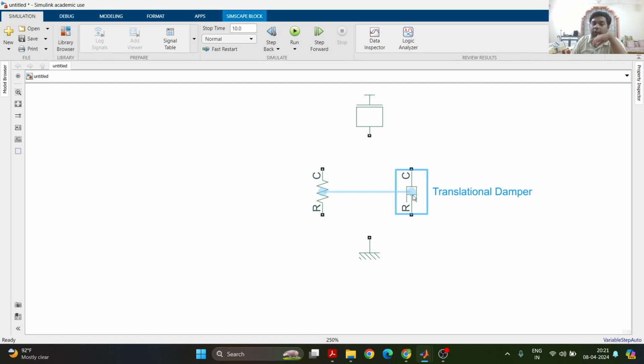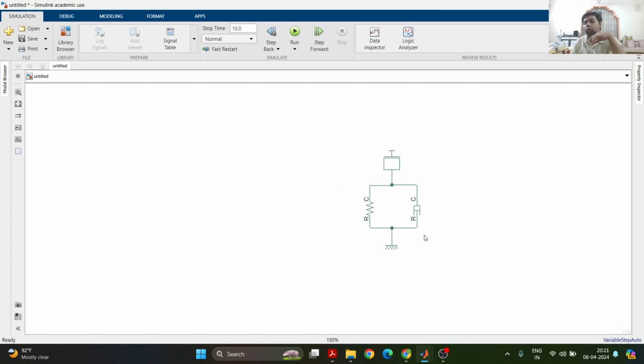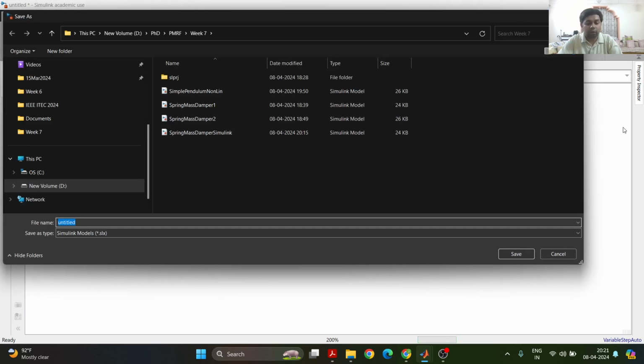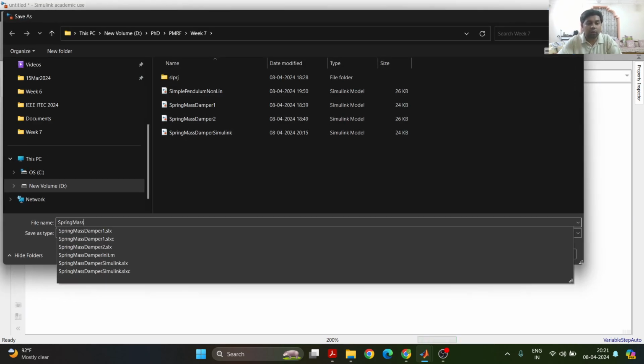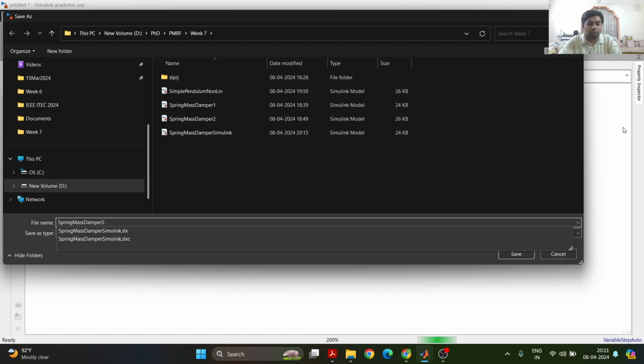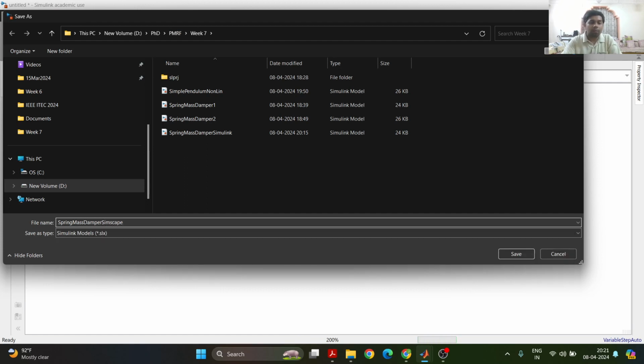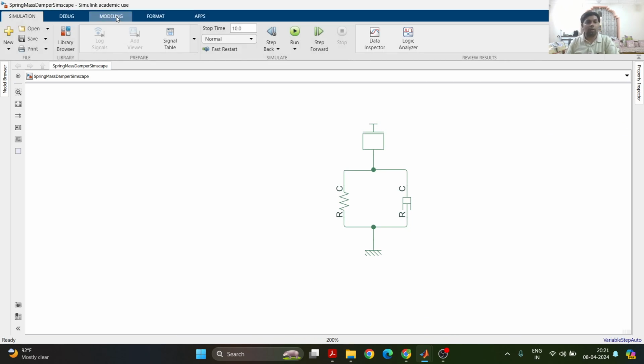We just need to connect these things physically, the way they would be connected in reality, joining the spring, mass and damper. That's it in terms of the physical arrangement. So let us save this. This is our basic model where we have the physical connections.